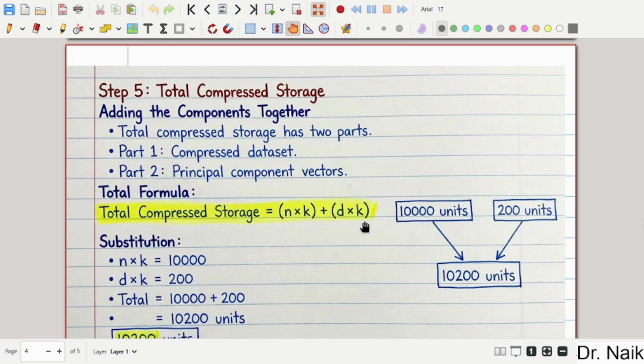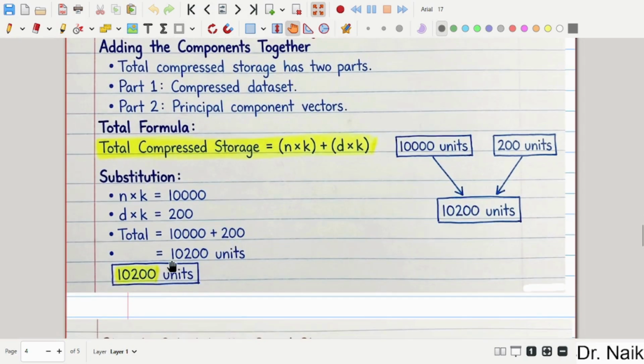Just now we calculated the compressed dataset as 10,000 units and the principal component storage as 200 units. So total compressed storage is equal to 10,000 plus 200. This gives 10,200 units. So total compressed storage is 10,200 units.